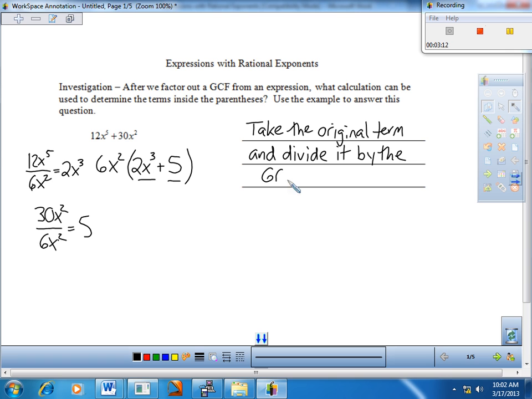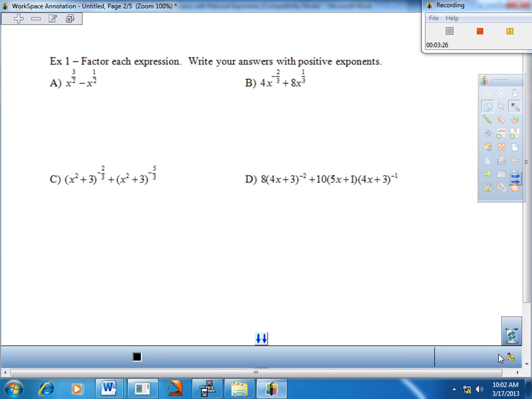And that's pretty much it. Again, this is only if you're unsure of what goes in here, if you just can't quite pull it off. You know this times something has to give me the original. If you can't figure out what that something is, I'm just trying to give you a more formal approach to pull that off. So let's go ahead and work with our rational exponents here.